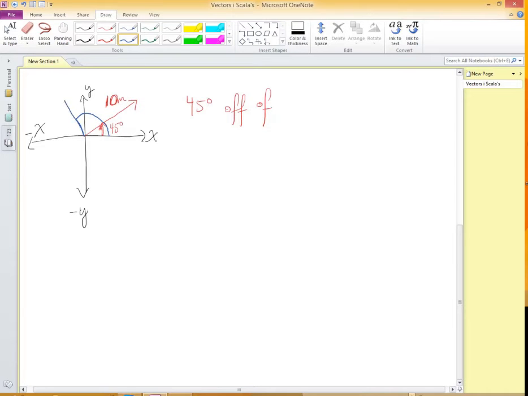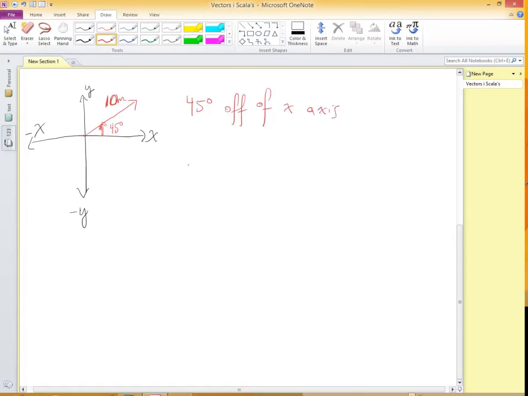Right now we're only interested in 45 degrees off of the x-axis, okay?